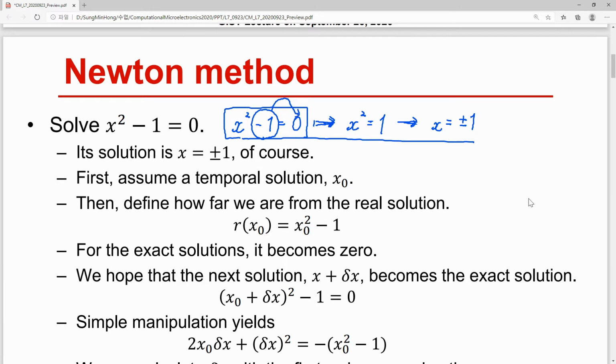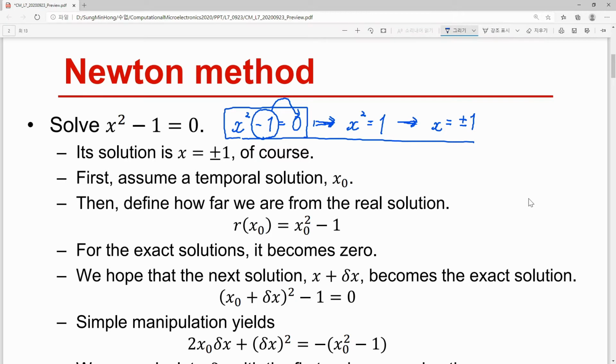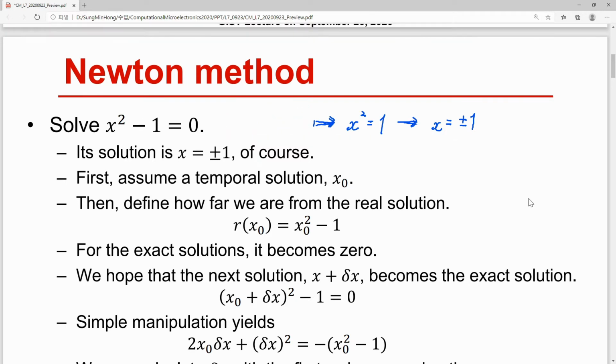After that, you can take the square root of the entire term. That was taught to you, but in our numerical simulation, it is very difficult to implement this manipulation. So, we need a more general technique to solve this nonlinear equation.